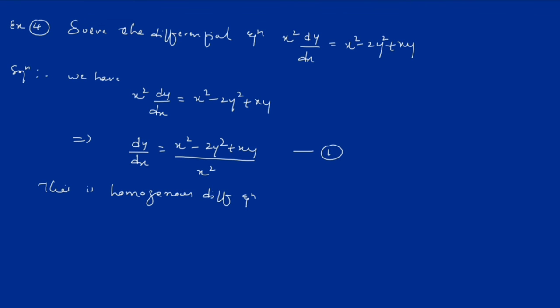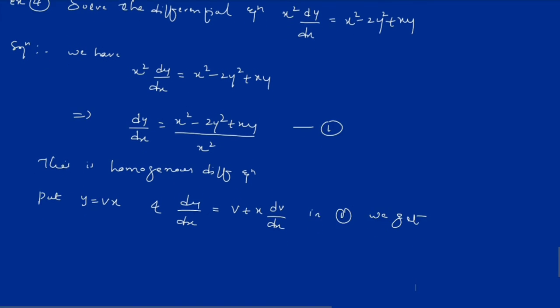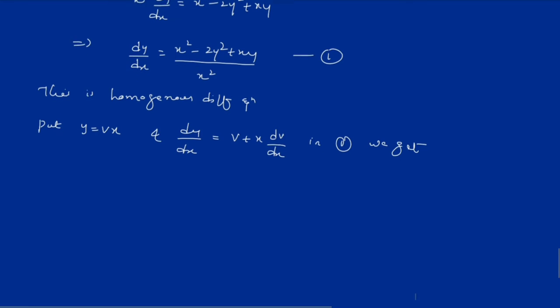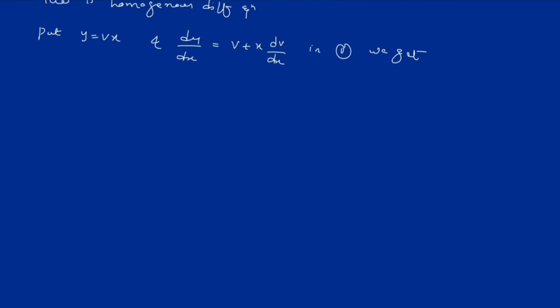So now putting y equals vx and dy by dx equal to v plus x dv by dx in equation 1, we get, just substituting the value here in equation 1, v plus x dv by dx, which is equal to (x square minus 2v square x square plus x into vx) whole divided by x square, right?